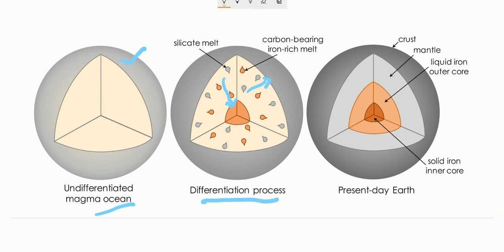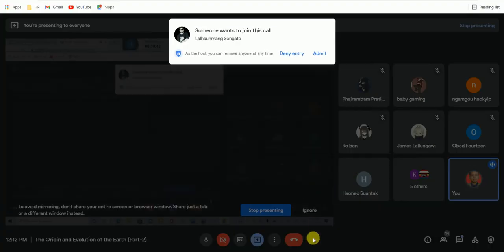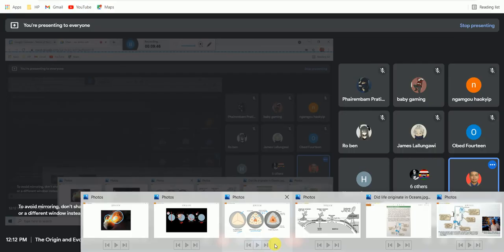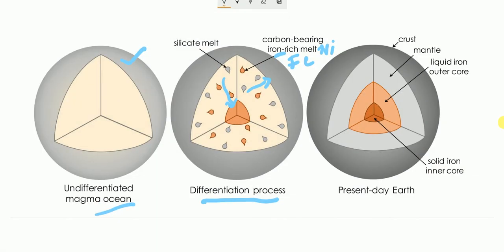Remember, heavy metals like iron and nickel sank towards the center, and the lighter ones, silicate and aluminum, rose upwards, depositing at the surface and thus forming the crust.